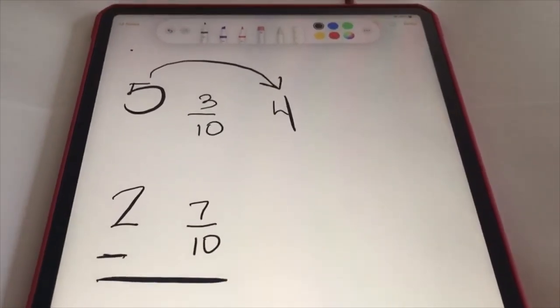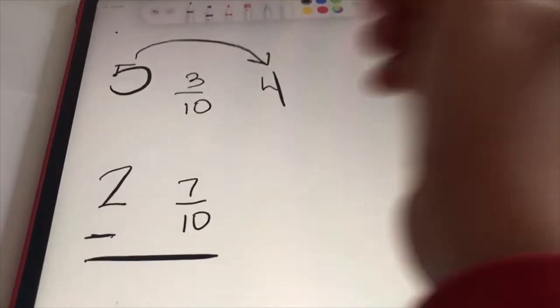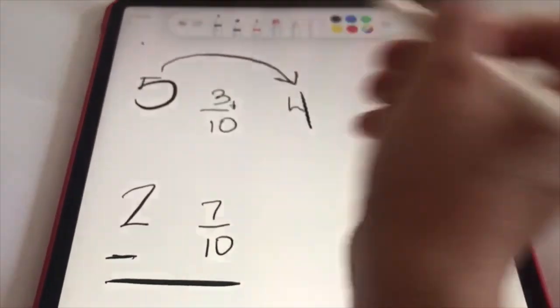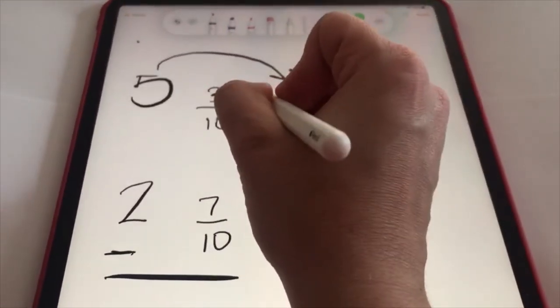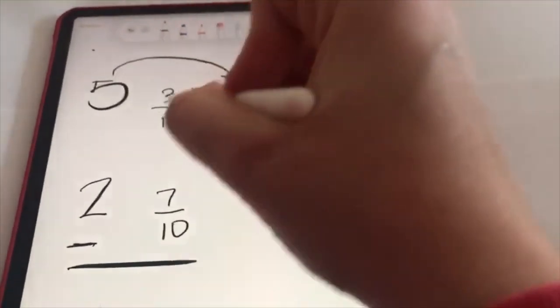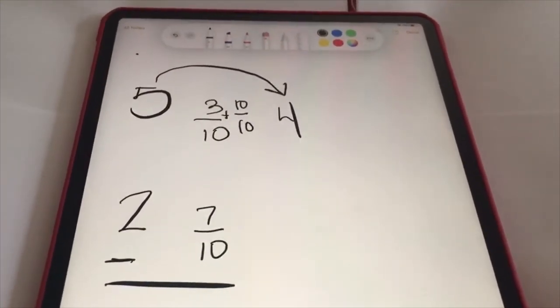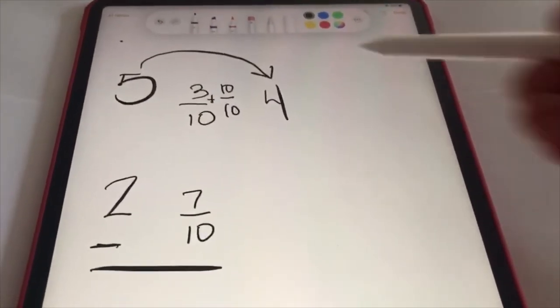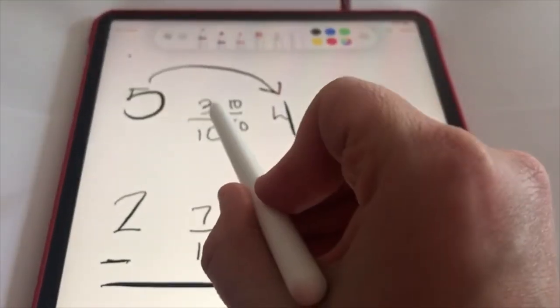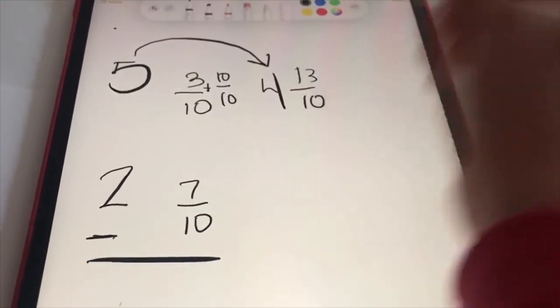Some of you forgot to do that yesterday. You kept that number the same, but you always need to go down a whole because I'm trading out a whole for 10/10, right? Because if I had a whole, I would split it into 10 parts and color it in, it would be 10 tenths. So now I would have 4 and 13 tenths.